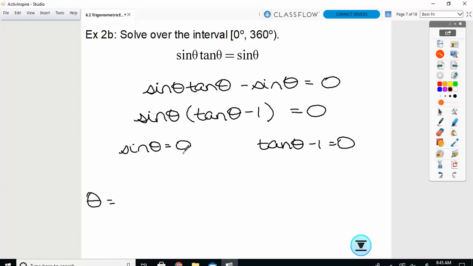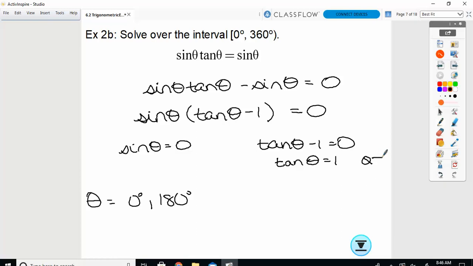Okay, so my answers. When is sine 0? If you think about your unit circle, sine is the y. When is y 0? 0 and 180. This one, if I solve it, it says tangent would be equal to positive 1.